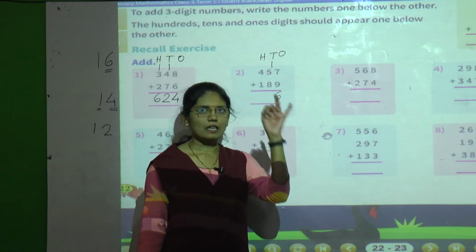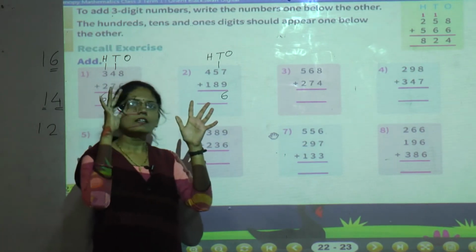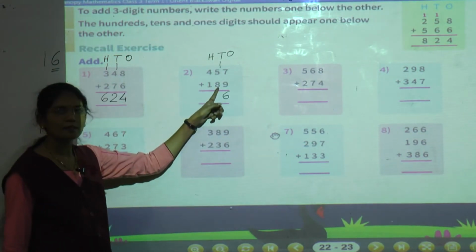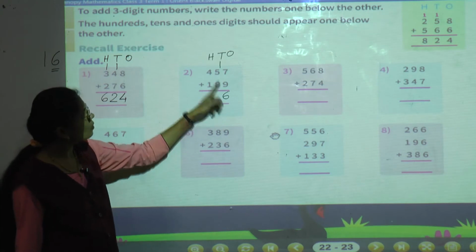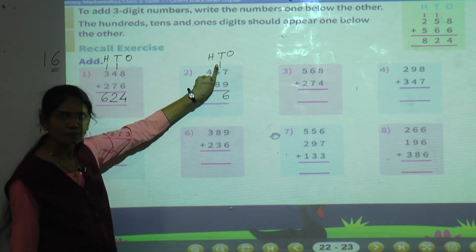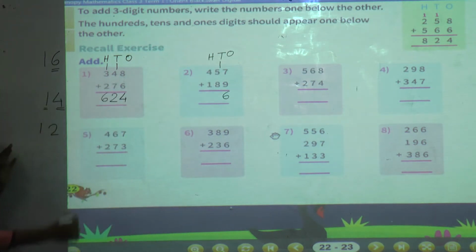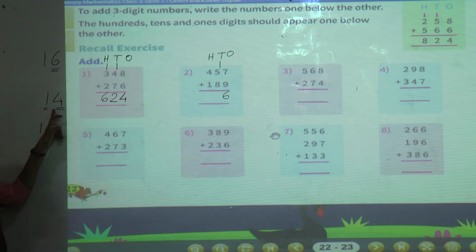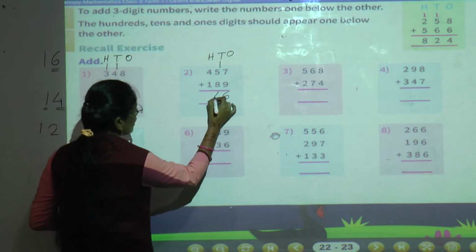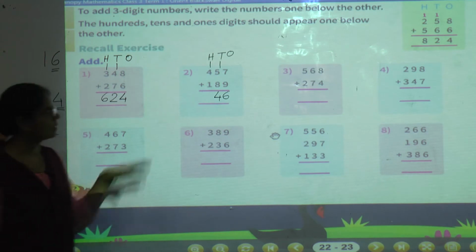Yes, 6, 7, 8, 9, 10, 11, 12, 13. 5 plus 8, correct, 13. Now this carry also we have to add. So 1 plus 13, yes, 14. So 14 is again a 2-digit number. Okay. So this 4 we will write here and this 1 will be given as a carry.